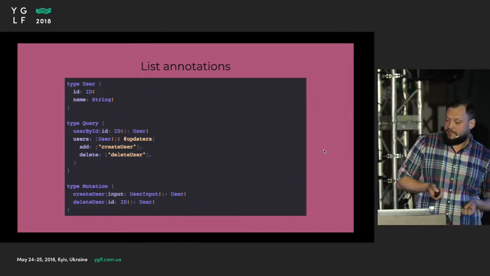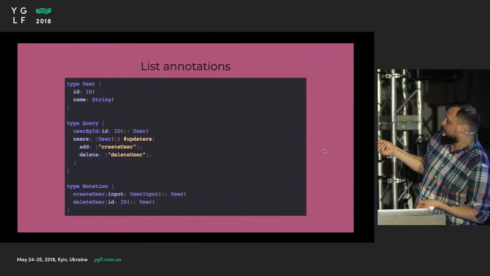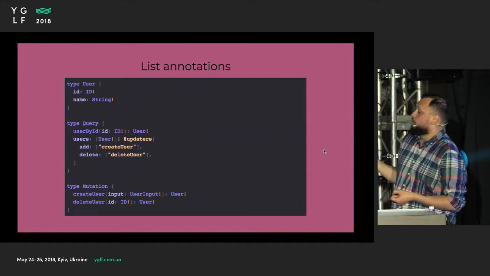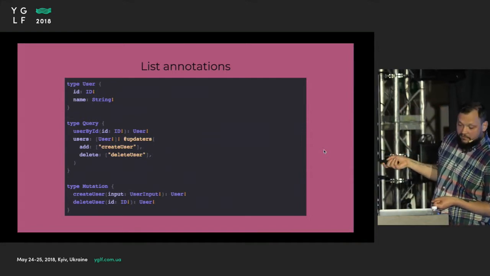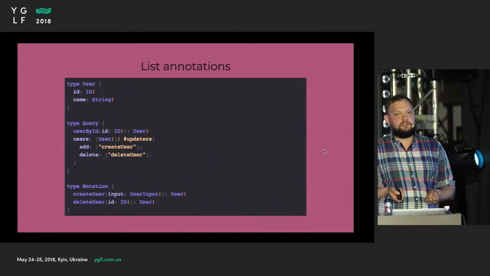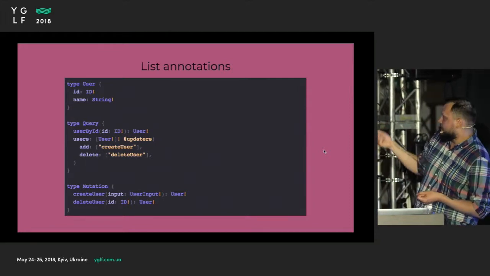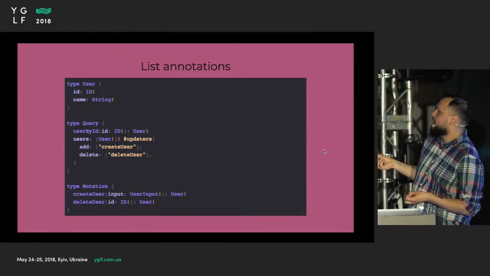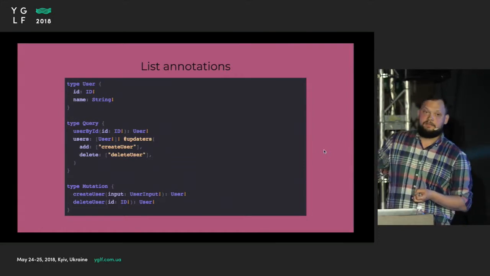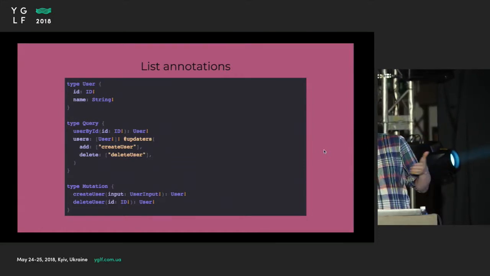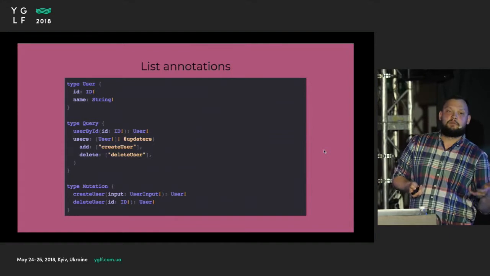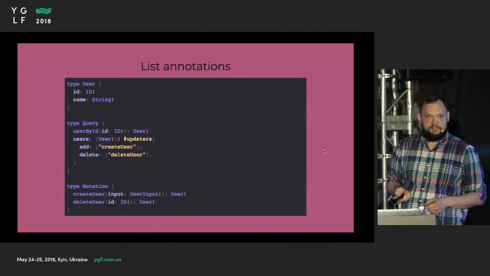But what if we could annotate the fields that are lists, to indicate what kind of mutations perform those list operations on this particular field? And here it's a top-level user field, but maybe we can also have it inside. For example, a picture can have comments, and then add comment would be an adder or a deleter for this.